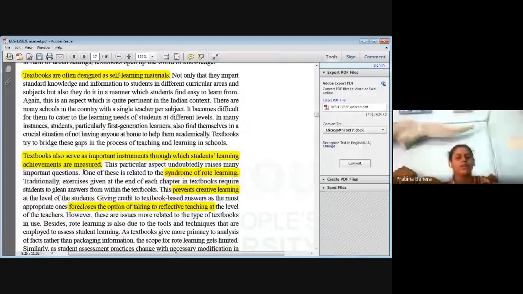But the demerit is that it is a syndrome of rote learning. It prevents creative learning. It forecloses the option of reflective teaching, because what is in the textbook, the teacher only teaches that content matter. When we follow the reference material, it will help in reflective teaching, and it also helps the students in reflective practice.